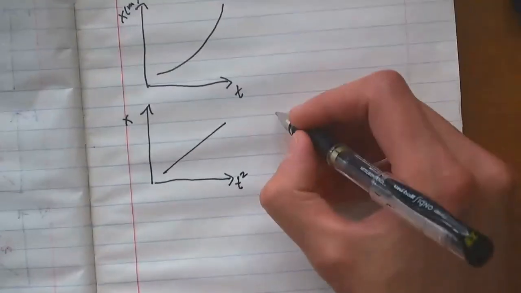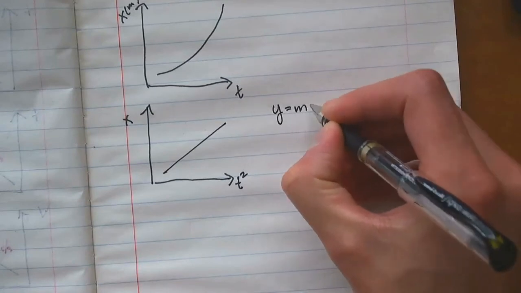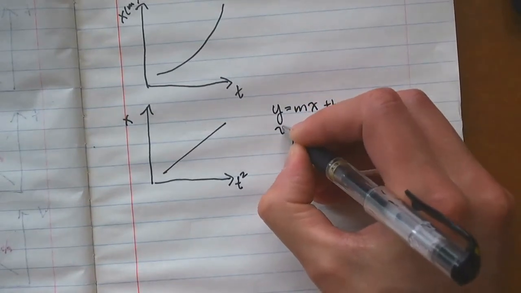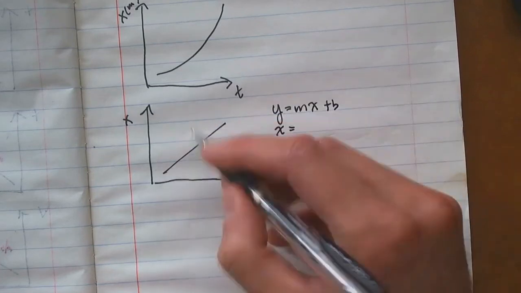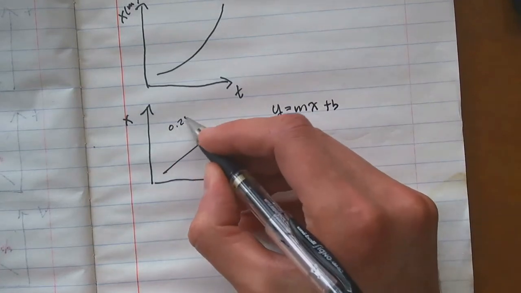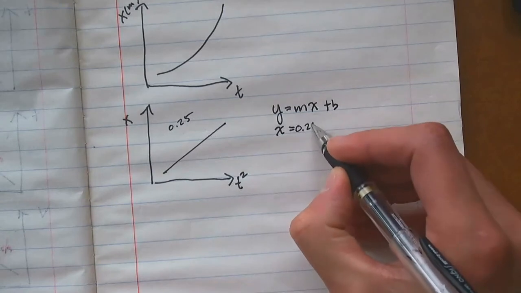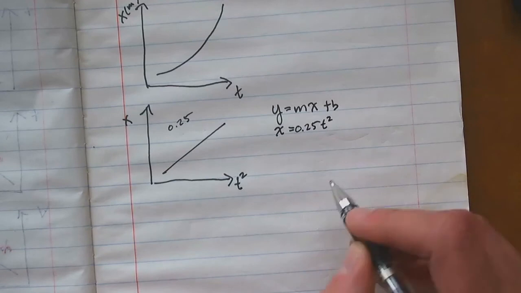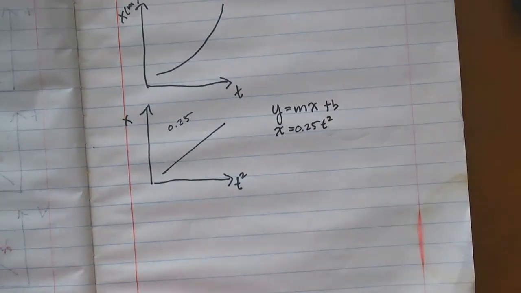Following the y equals mx plus b equation, that becomes x equals 0.25 t squared. The slope that we found was 0.25, we have time squared on the x-axis, and there was no y-intercept, so that would be the equation that we got for that one.